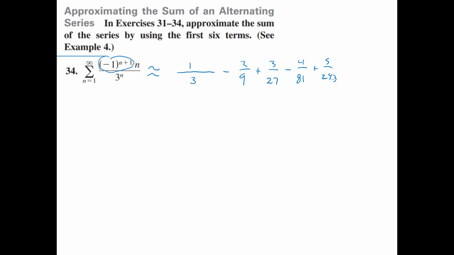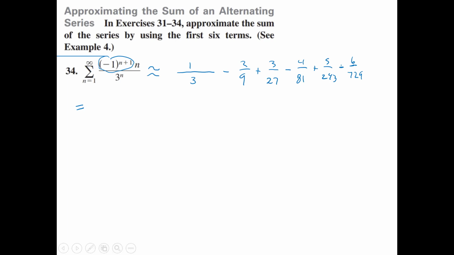and then 6 over 3 times 243, 729. Okay, and so then we can punch that into the calculator: 1/3 minus 2/9 plus 3 over 27 minus 4 over 81 plus 5 over 243, and then I made a mistake, that should be a minus.